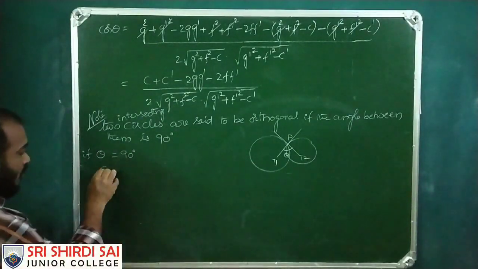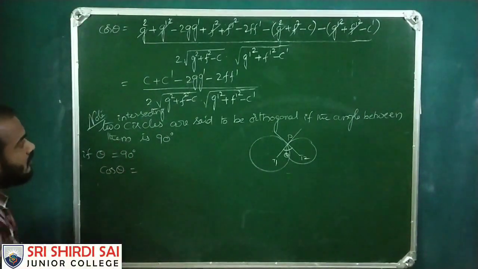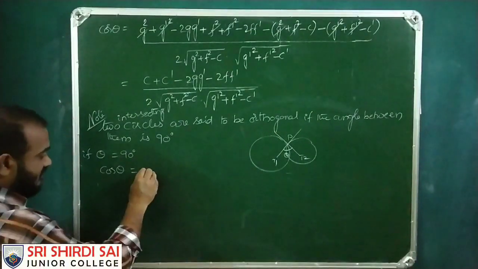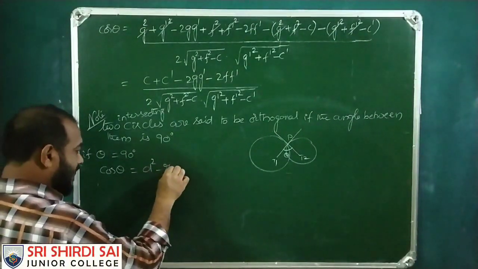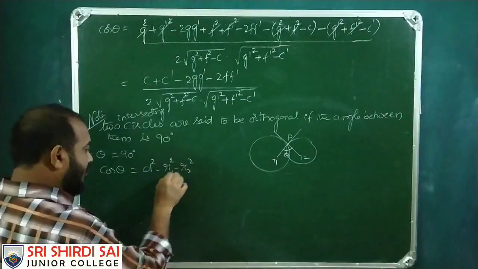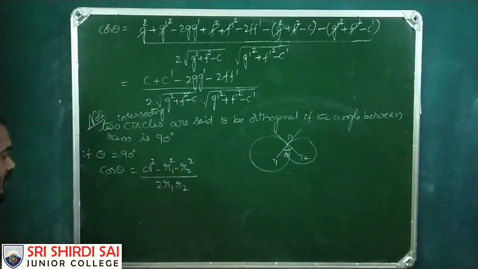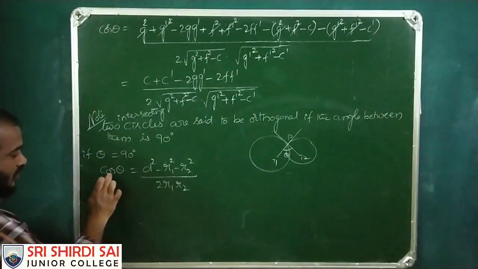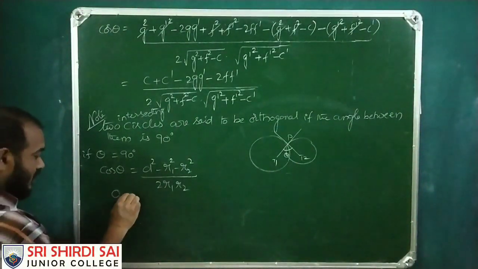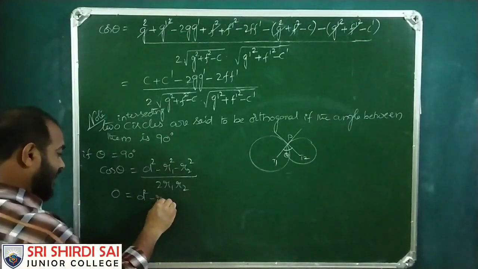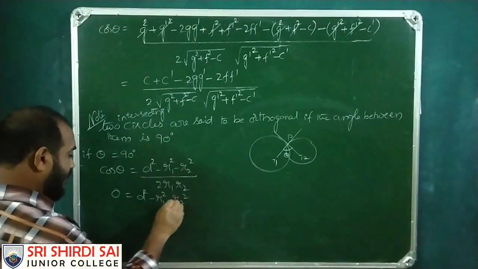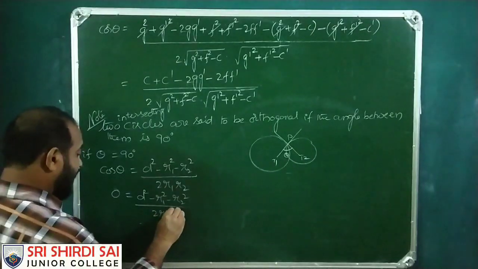If theta is equal to 90 degrees, let us see what will happen. Cos theta is equal to D square minus R1 square minus R2 square by 2 R1 R2. So if theta is 90 degrees, then cos 90 is 0, equal to D square minus R1 square minus R2 square by 2 R1 R2.